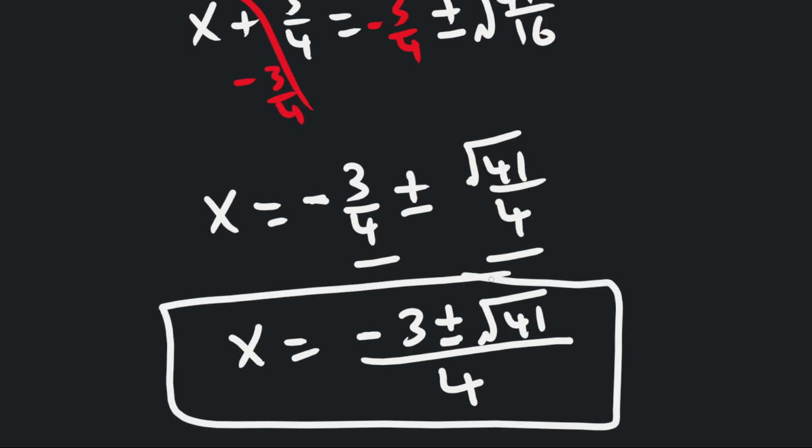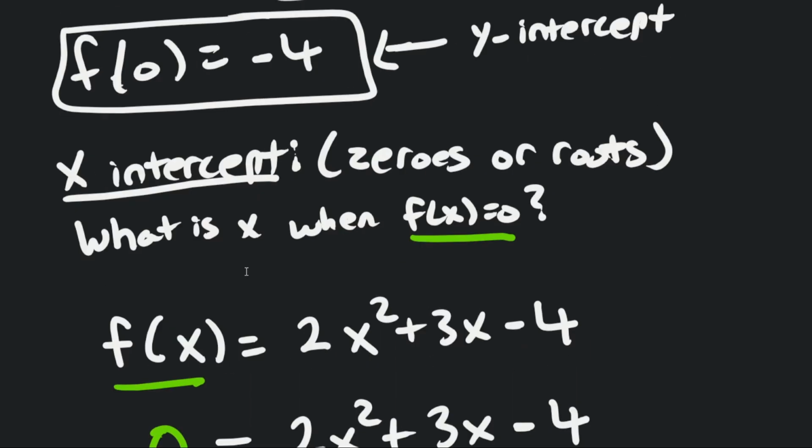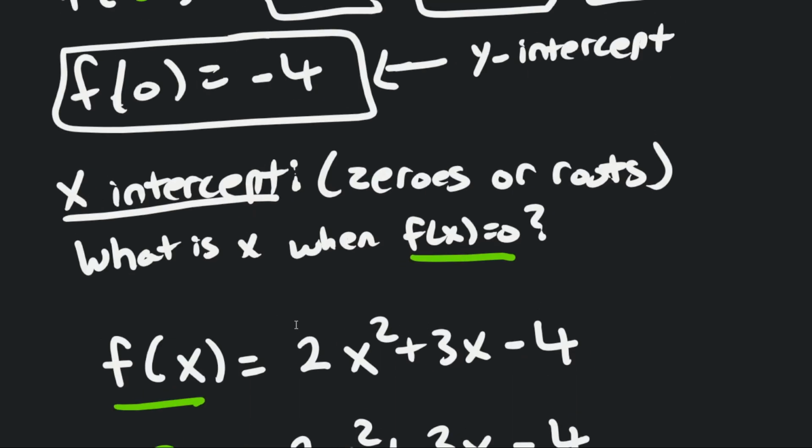And that would be our two x-intercepts. Because there's a plus or minus here, there are two solutions for x. So in other words, this quadratic function f of x has two zeros, two x-intercepts, or two roots. And we found out what those are.